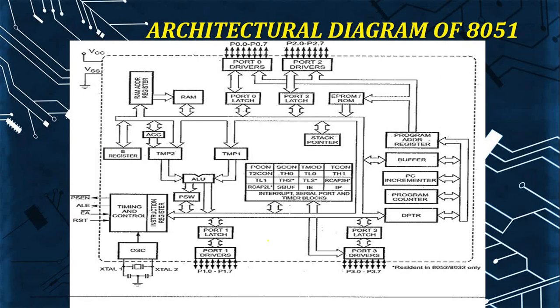So, apart from the block diagram, these are the other block elements we have here. What is this ALU? We all know what an ALU is. It performs both arithmetic and logical operations.